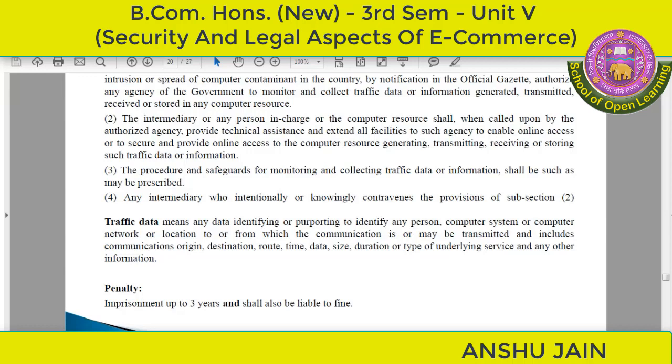One is the source from where we have shared or transmitted the data, and the second one is the destination where the receiver will be receiving the data or the information, along with the route of networking which has been used for the transmission of the file, along with the time, data, size, and the type of these providing the services.